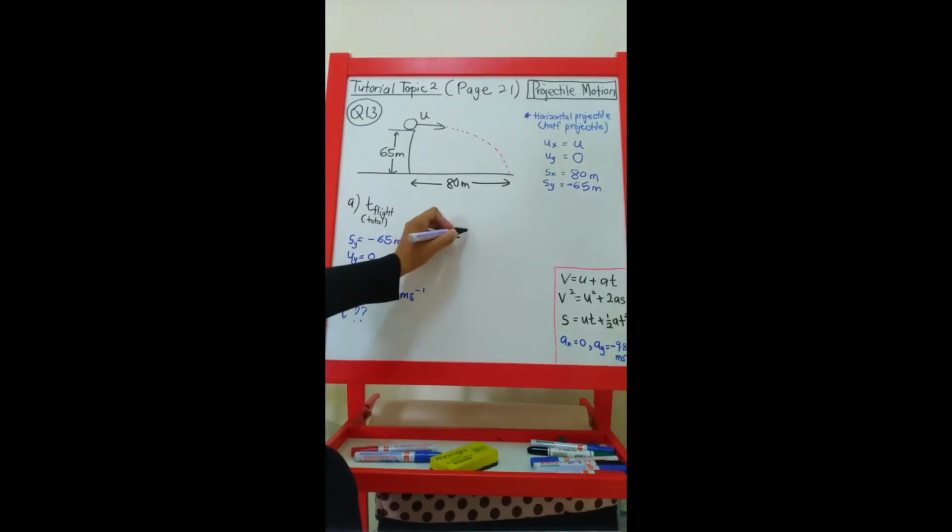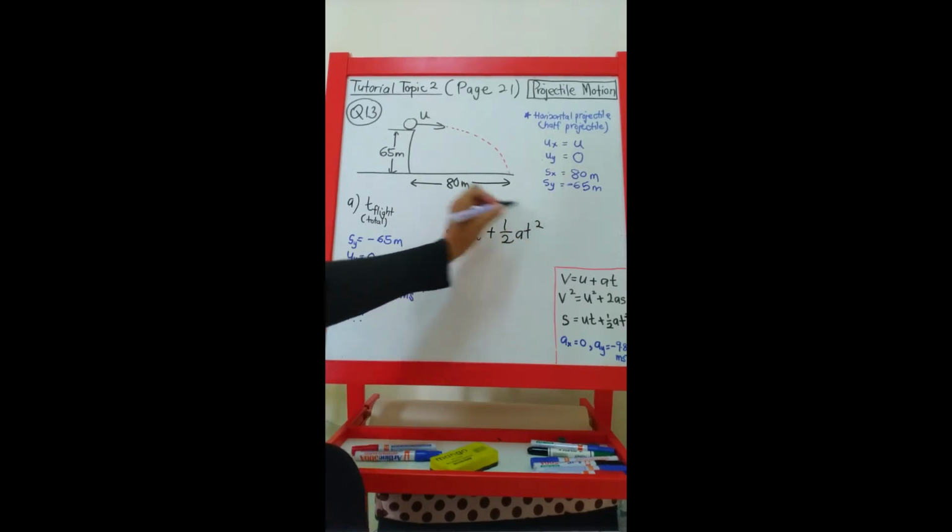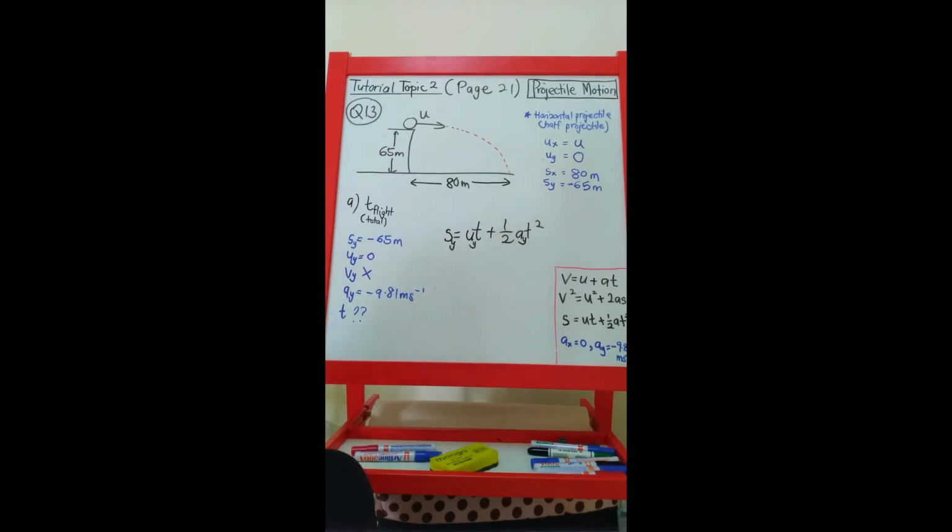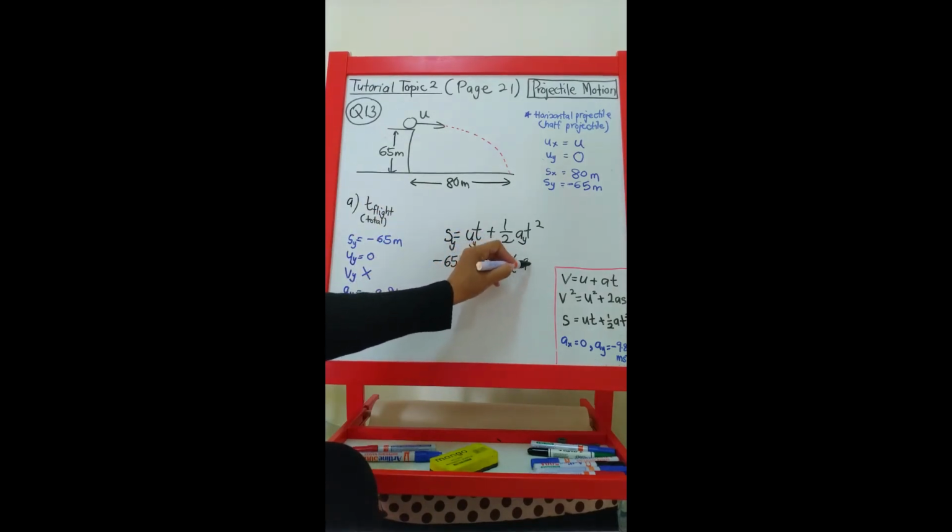So S equals UT plus half AT squared. Make sure you label every vector. So Sy equals negative 65, Uy is 0 times t will become 0, plus half negative 9.81 t squared.